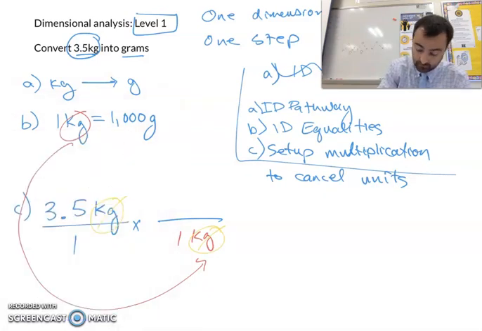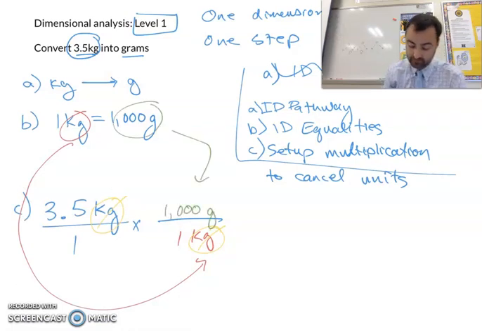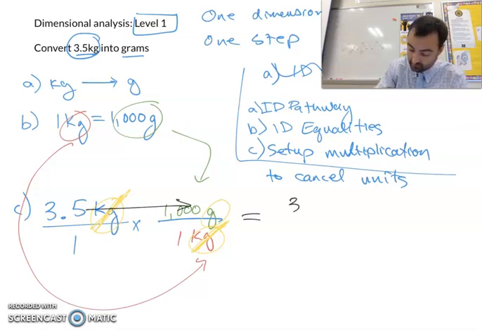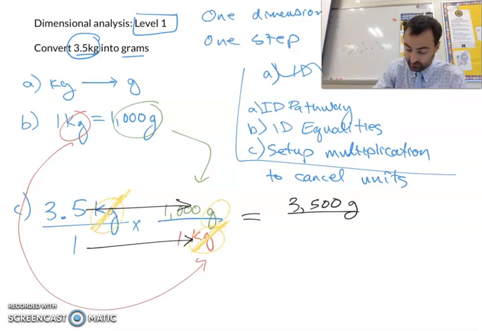On the top, we're going to put the other part of the equality, 1,000 grams.